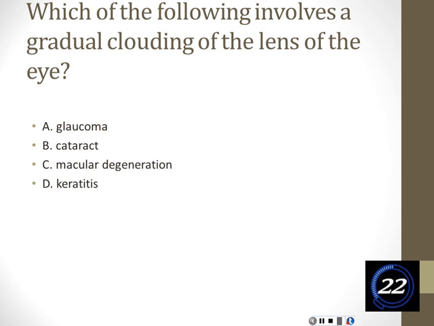Very good. Okay, so which of the following involves gradual clouding of the lens of the eye?